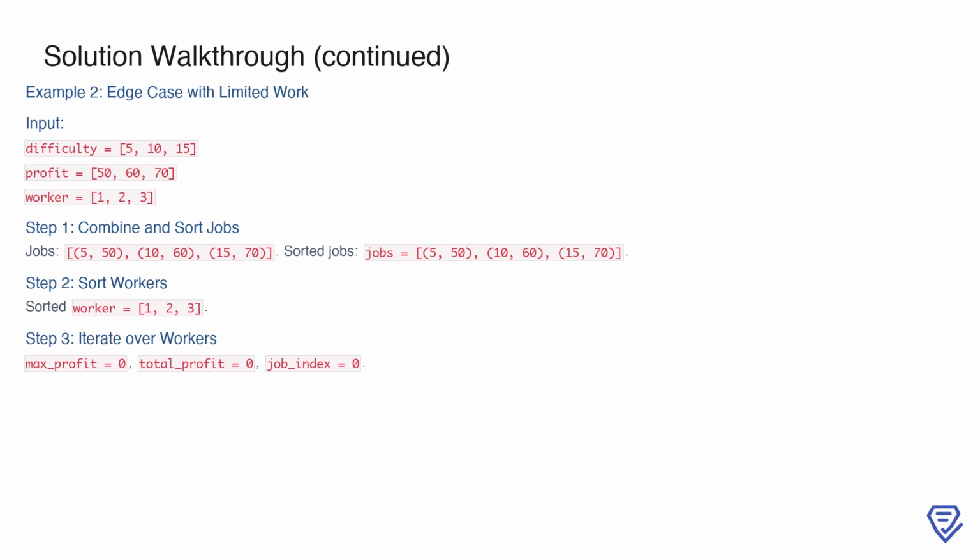Since the input jobs are already sorted, no changes are needed. Next, we sort the workers, which yields the array 1, 2, 3. As before, we initialize max_profit to 0, total_profit to 0, and job_index to 0. This setup prepares us to iterate through the workers to calculate their contributions.